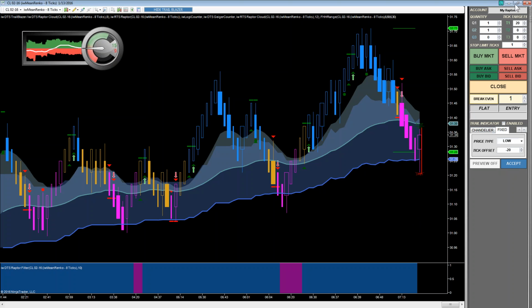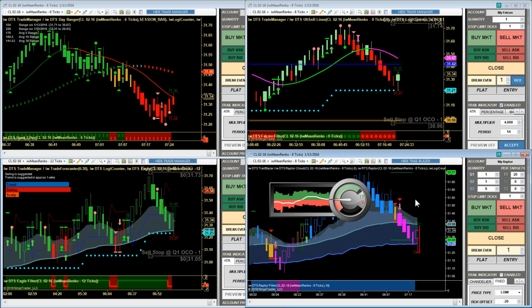I guess each of the tools has its pros and cons. The DTS tools are more specialized. The Raptor tool is perhaps a little bit more general. And I'm not trying to make the Raptor sound like it's less of a tool. It's not.